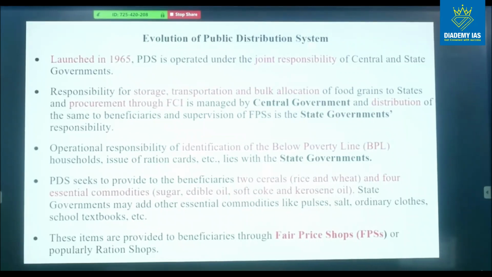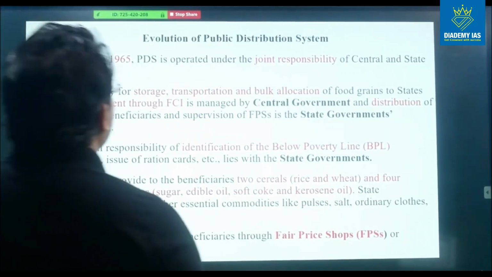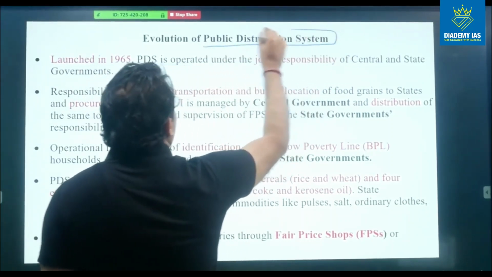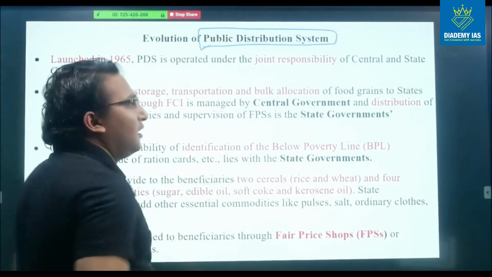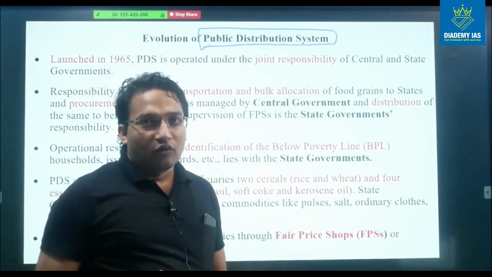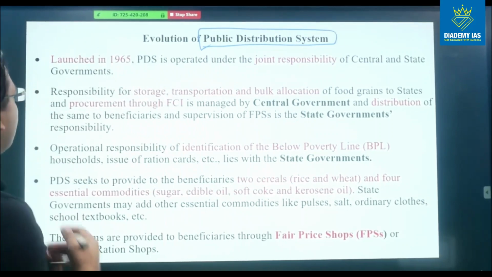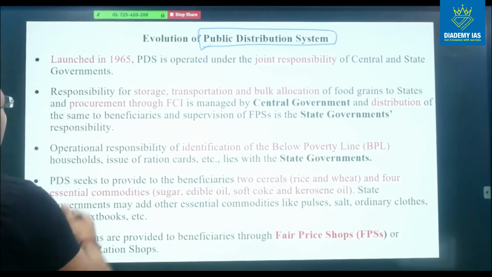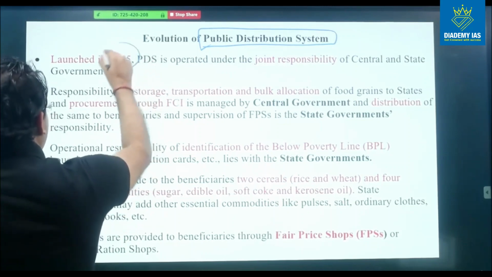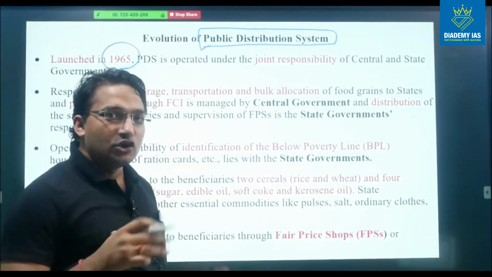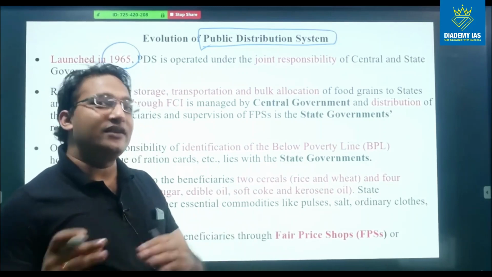Now let us come to the public distribution system. Through this, food is provided to the poor and vulnerable section. Let us see the historical evolution of this PDS. This PDS was launched in 1965, and it is operated jointly by the central government and the state government.